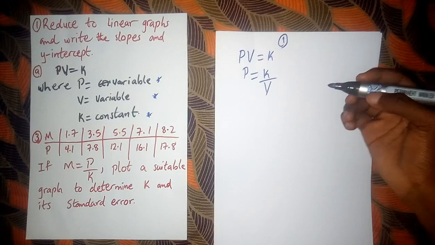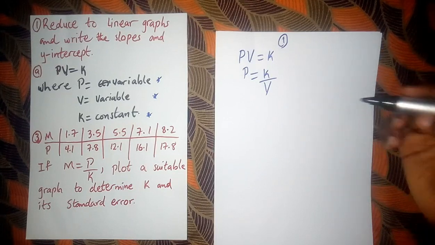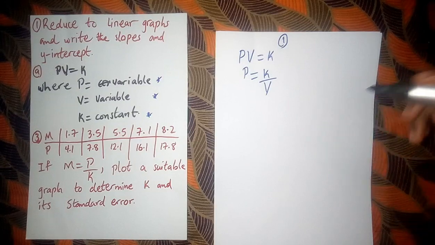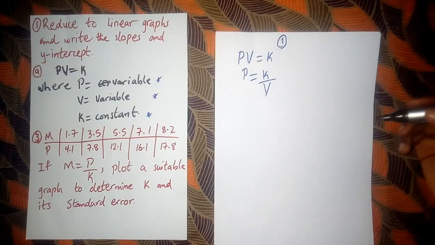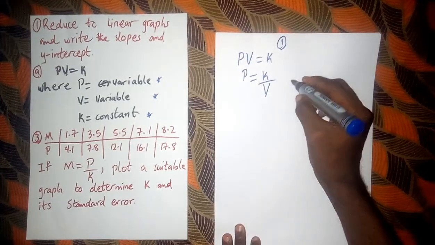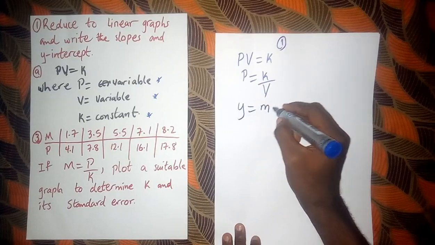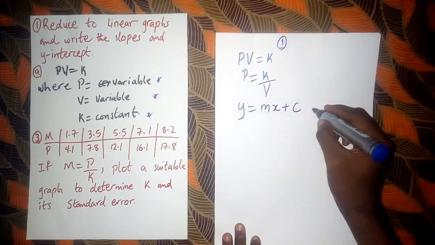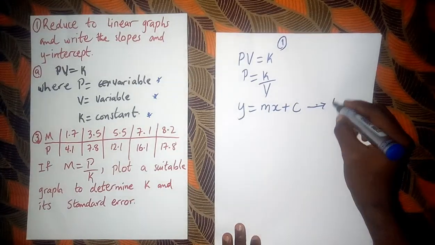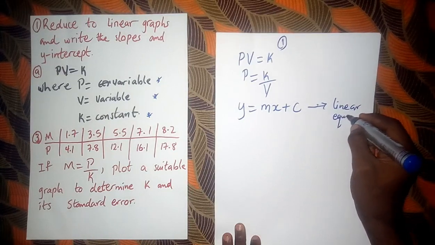Okay, so now the next step is to compare this linear equation with the linear equation for a linear graph. Okay, so now the linear equation for a linear graph is y equals mx plus c. This is the linear equation for a linear graph.